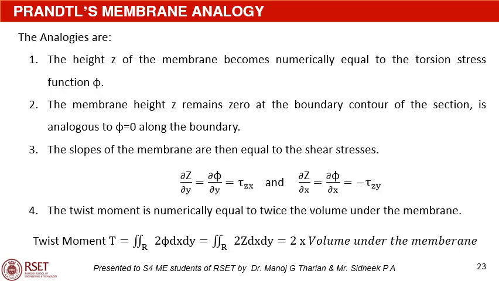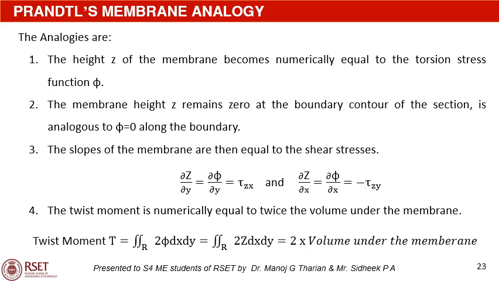The analogies between the membrane and the non-circular shaft subjected to the torque are given by: first is the height Z of the membrane is numerically equal to the torsion stress function phi. The second analogy is that the membrane height Z remains 0 at the boundary contour, which is analogous to phi equal to 0 along the boundary of the non-circular shaft.